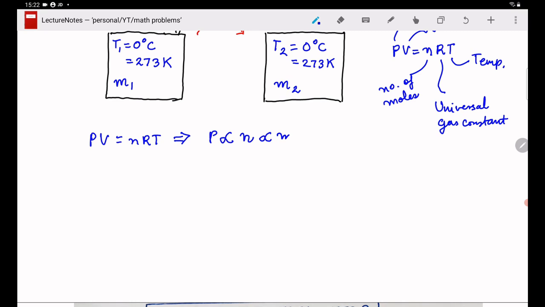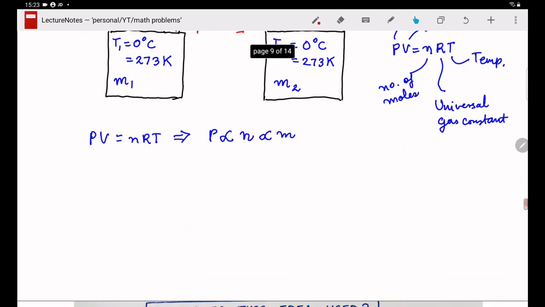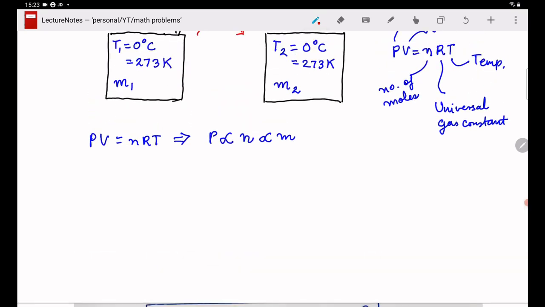Now let's solve this problem. The density of the gas is given to us as 1.3 grams per liter. So we've already been given the density, which is 1.3 grams per liter. And the volume of the vessel is 30 liters.